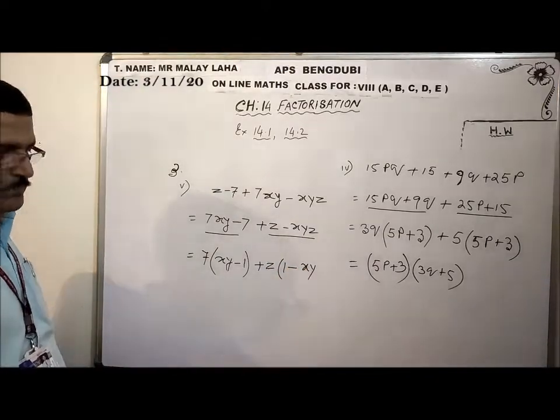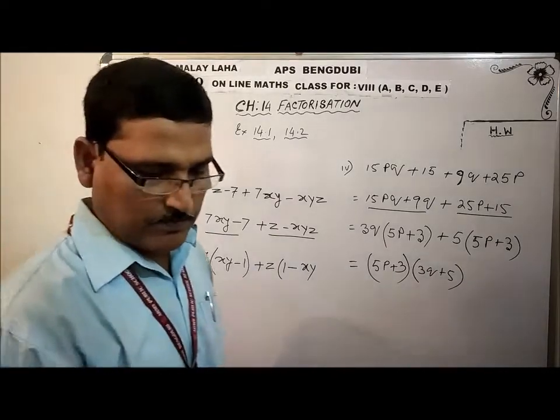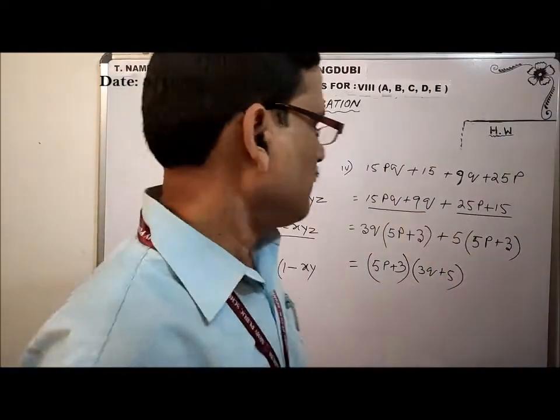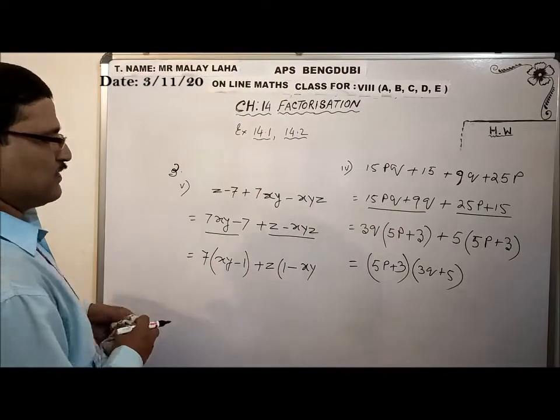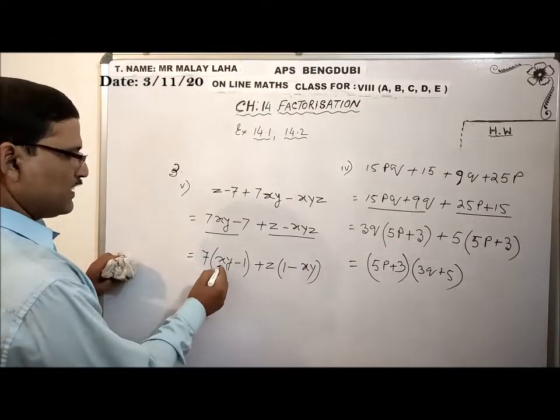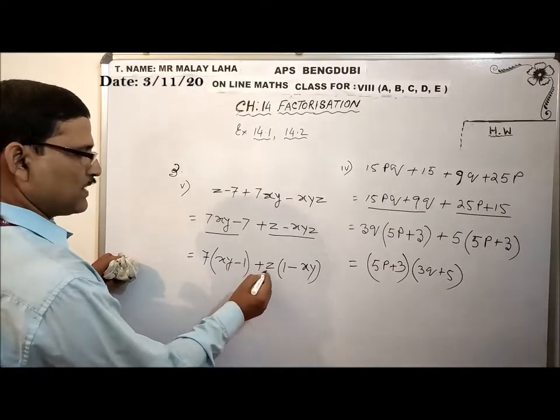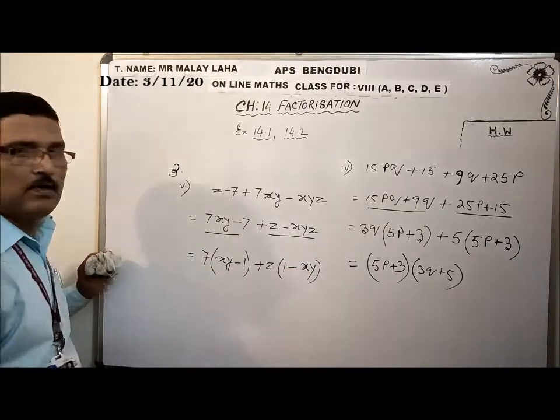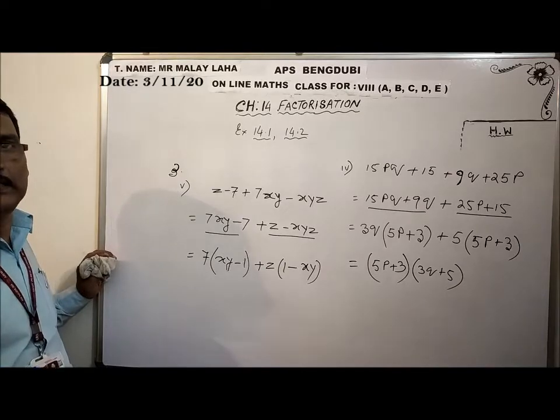What will I do? That's why I told you, you can shift the position. Better is that you change the position, or you may not change. No problem. But xy minus 1 or 1 minus xy, both are not the same thing.